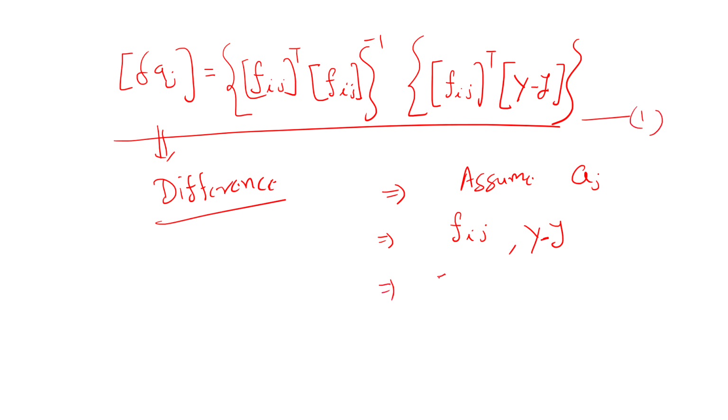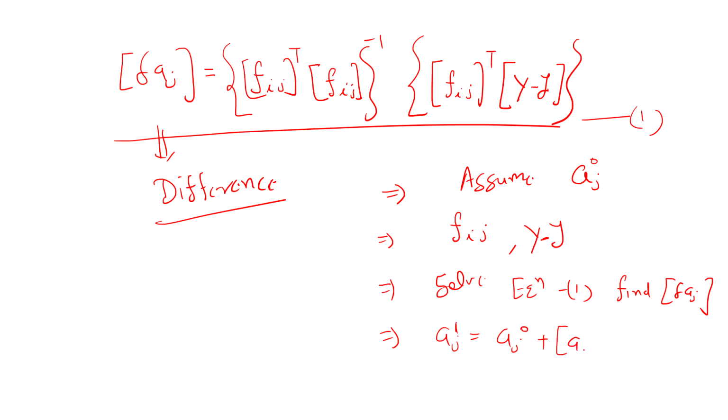I solve equation 1 and then find delta Aj, update Aj's as Aj0 plus delta Aj, and repeat till this delta Aj goes to 0.